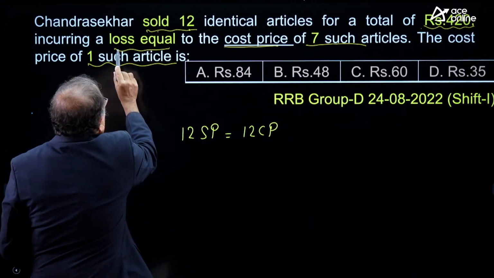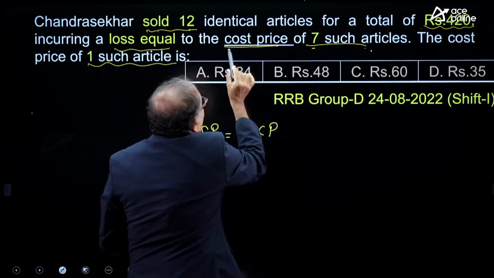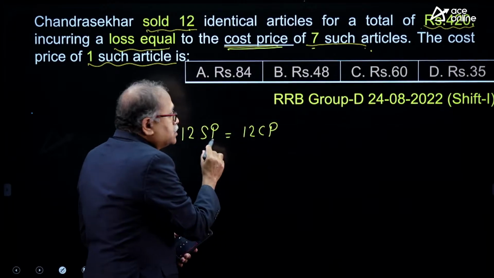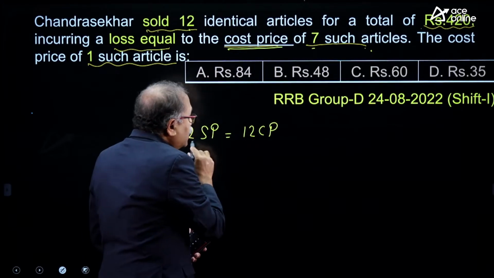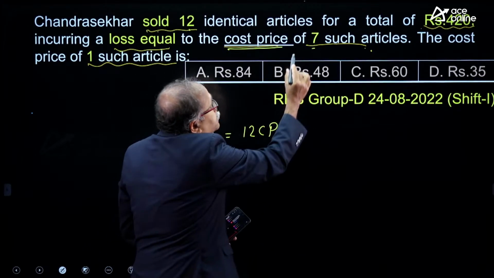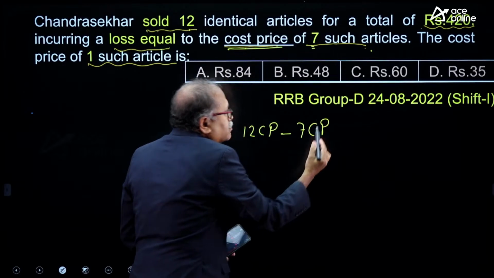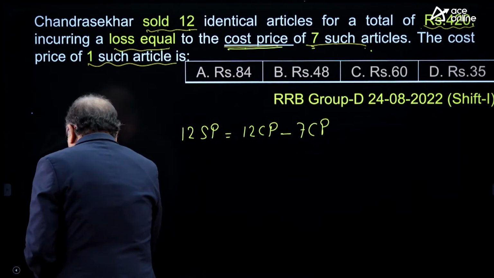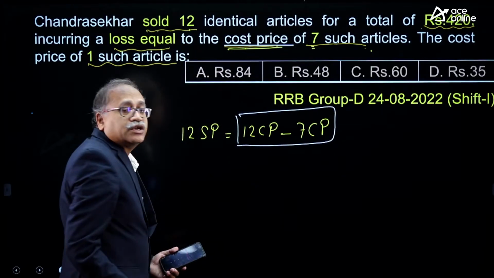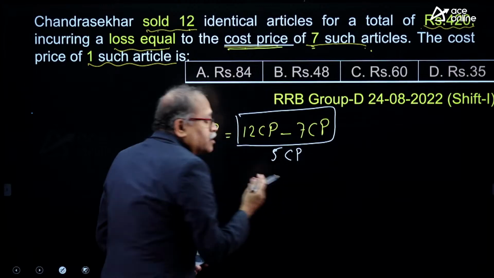Here there is a loss, which is equal to 7 articles' cost price. So, 12 SP is equal to 12 CP minus the loss of 7 article cost price, 7 CP. What does it come to? I am sure you people are understanding over here. So, this comes to 5 CP.